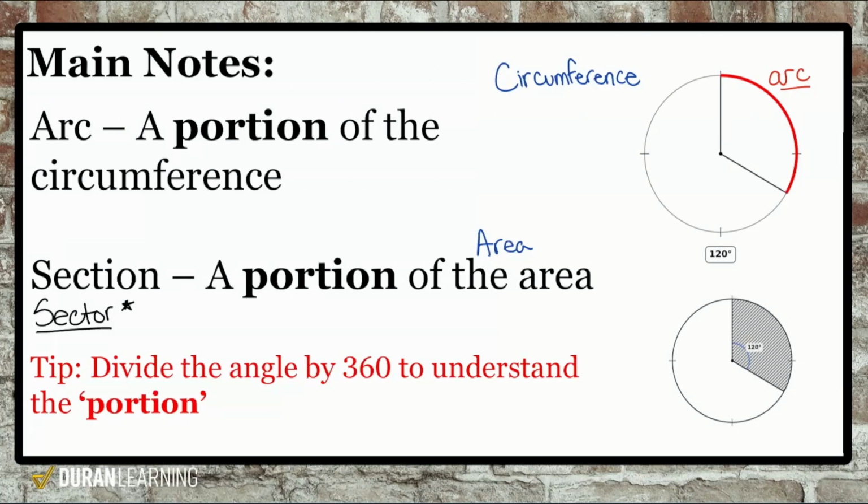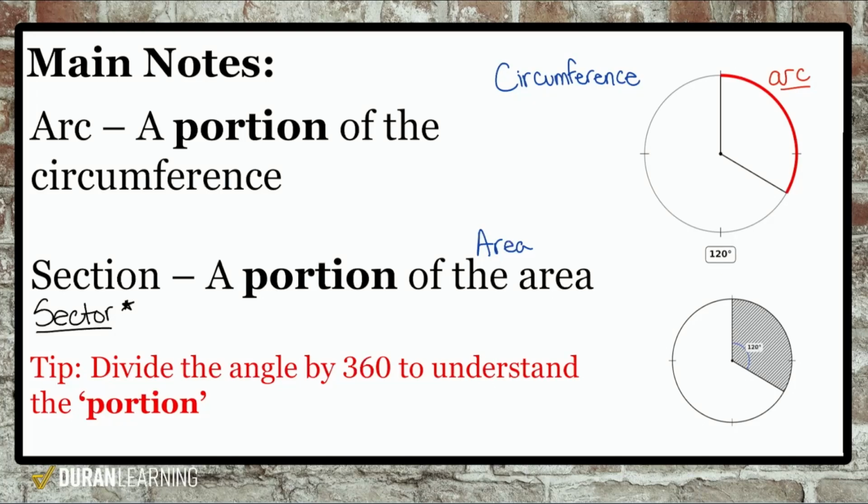Now, if we were to take a look at this over here, as a very similar idea, when we're talking about sectors, sectors are basically partial areas. So a portion of the area. If our sector is, let's say, 1/3 of the circle, then you just take your area and divide it by 3 or multiply it by 1/3.